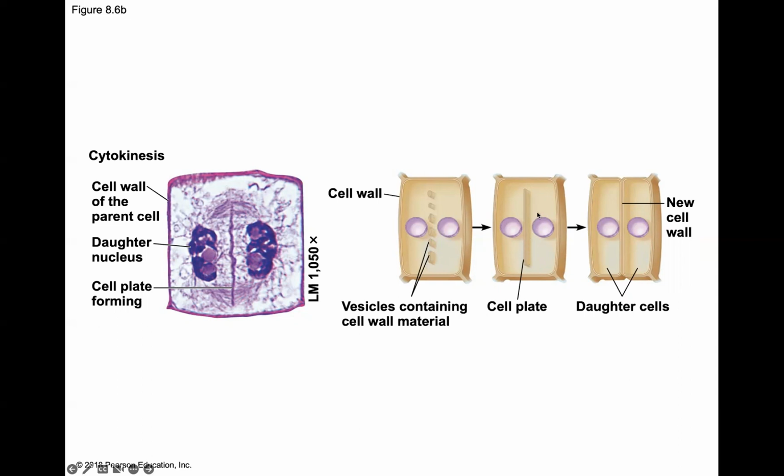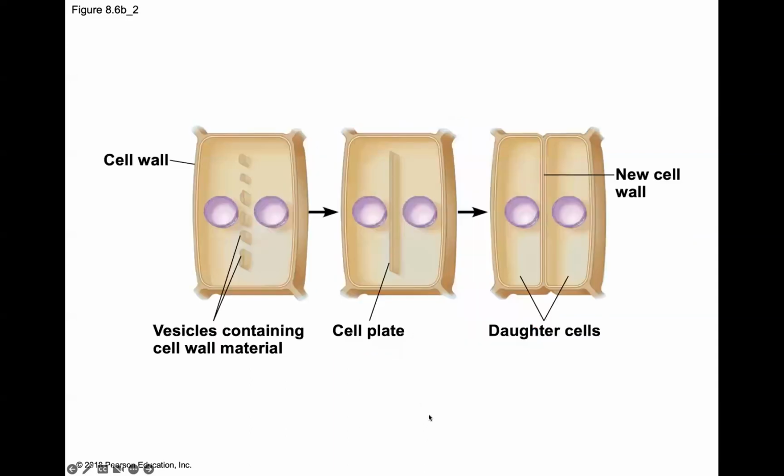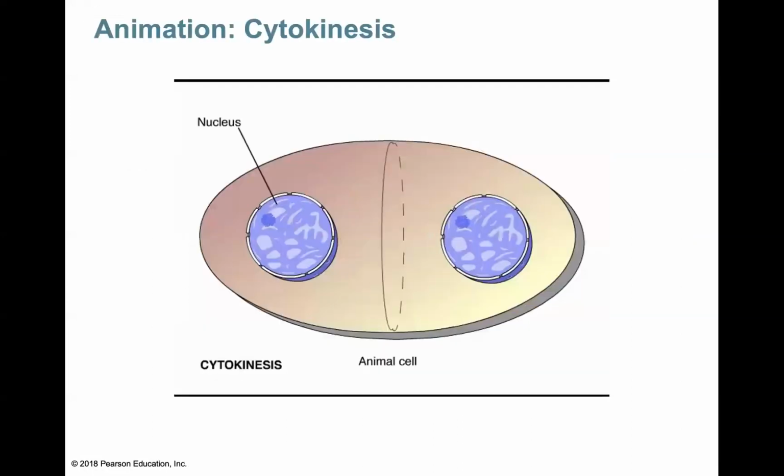The cell plate forms, and two new daughter cells will be created as a result of cytokinesis in the plant cell. This is just another micrograph of a plant cell that is preparing to divide. You see the formation of this cell plate right here. This is just a zoomed in image of what happens during cytokinesis.